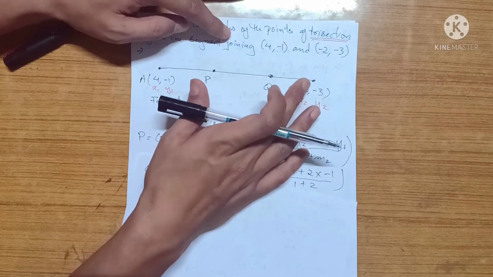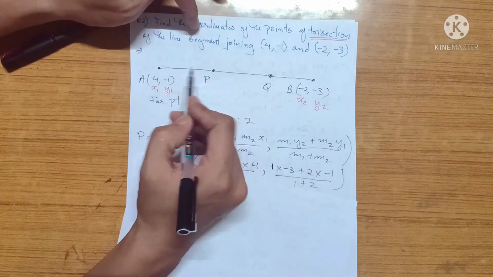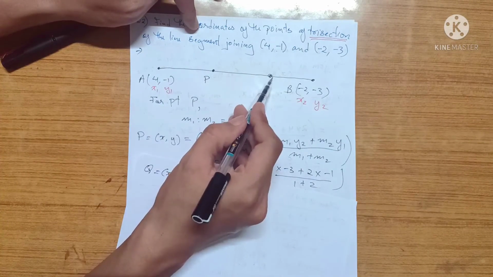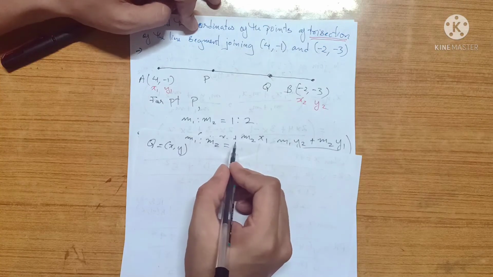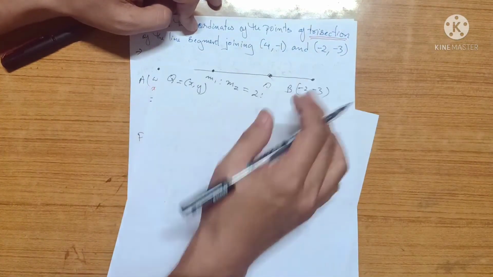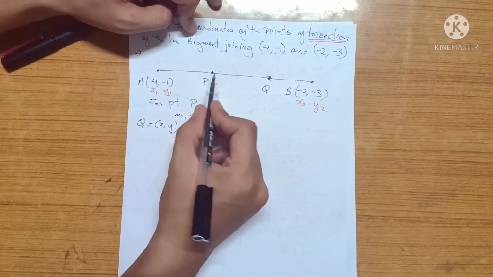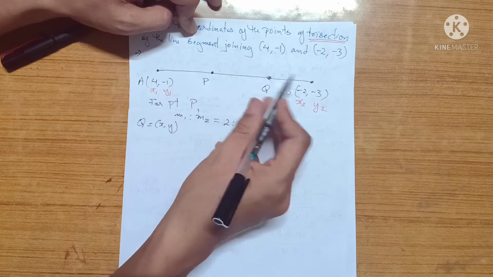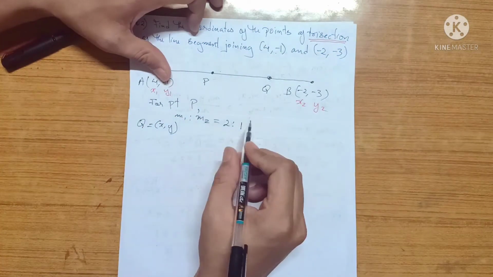It doesn't matter, you can go from the other side also, but since for point P we took the perspective of this side, for point Q also we'll have to take this. So for point Q, there are 2 portions here and 1 portion here.